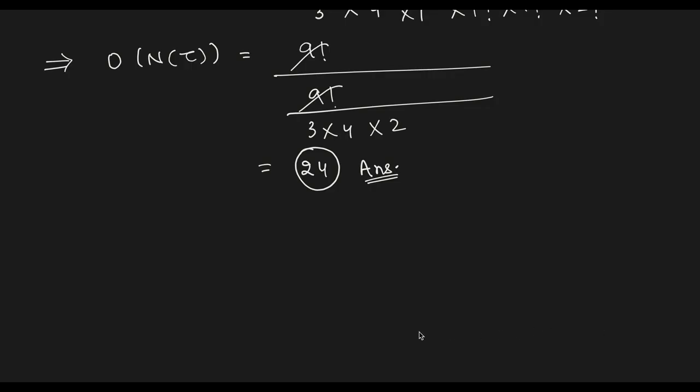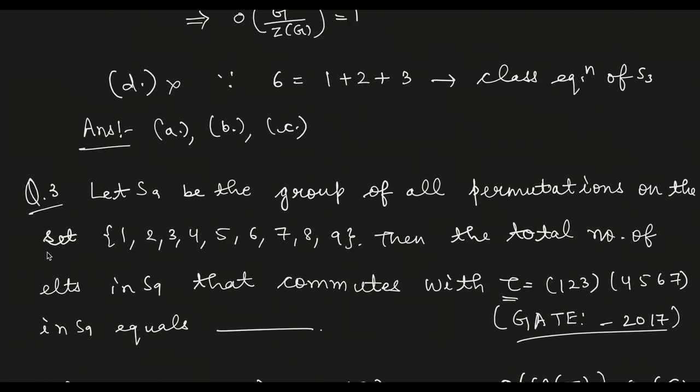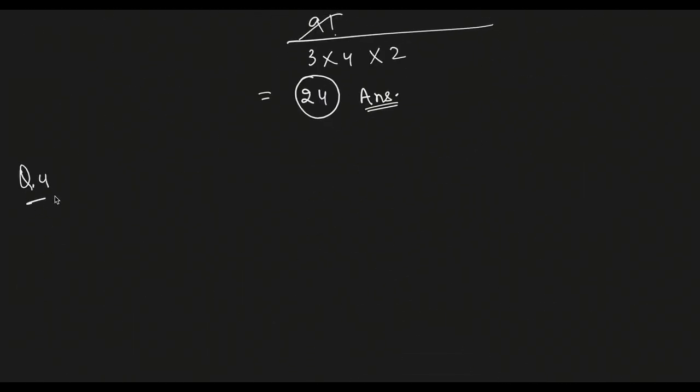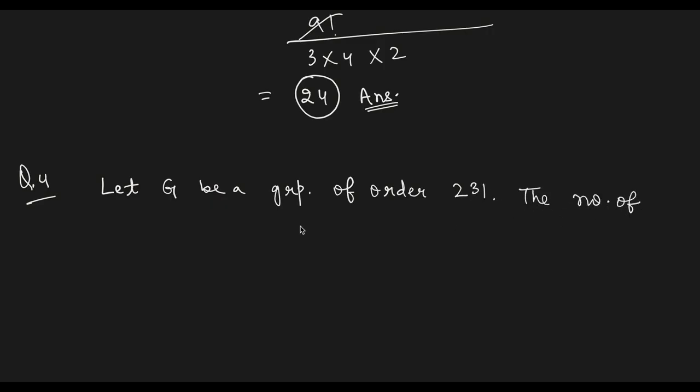Now next, let G be a group of order 231. The number of elements of order 11 in G is?